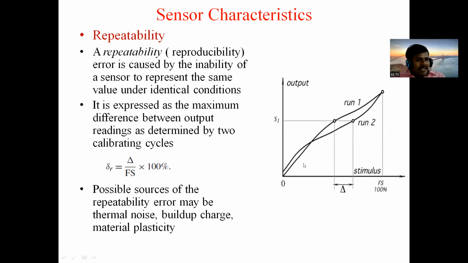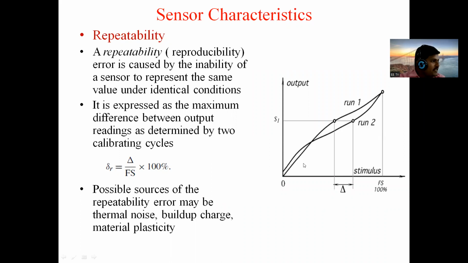This is one type of error caused by the inability of the sensor to represent the same value under identical condition. How is it expressed? It is expressed as the maximum difference between output readings as determined by two calibrating cycles.